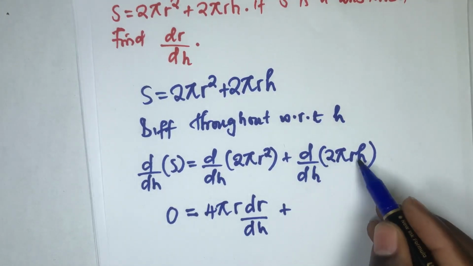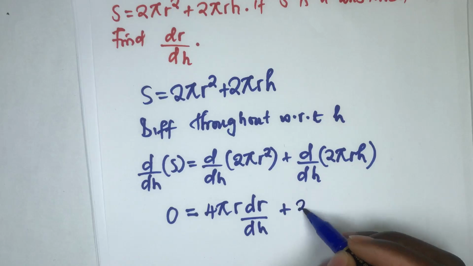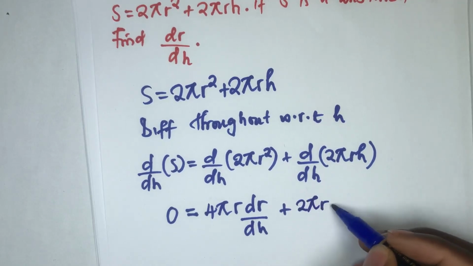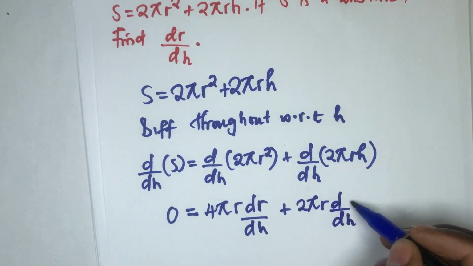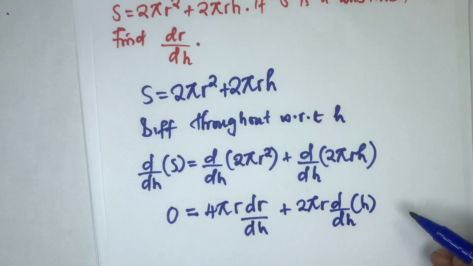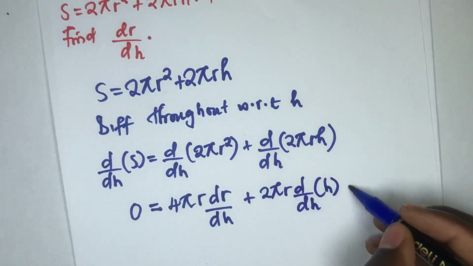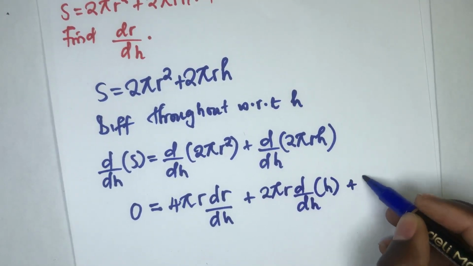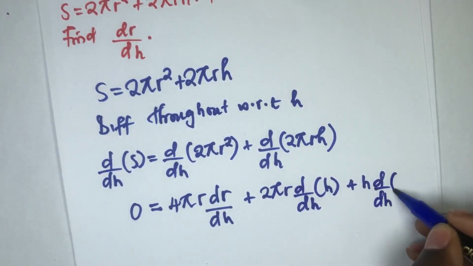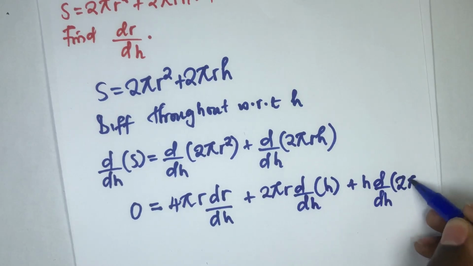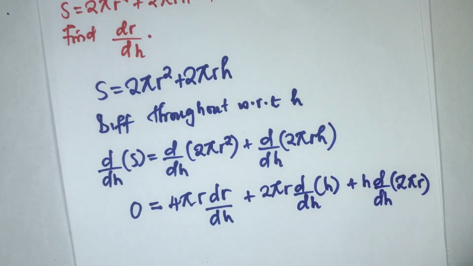So for this part here, we're going to keep the 2 pi r and differentiate h with respect to h, plus we keep the second function h and differentiate the 2 pi r with respect to h like this.